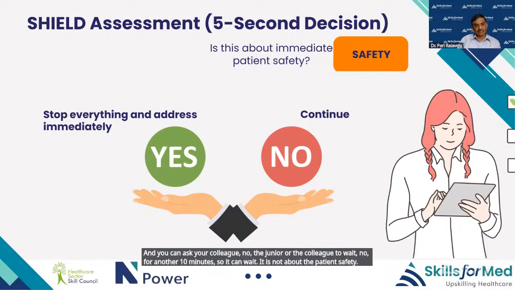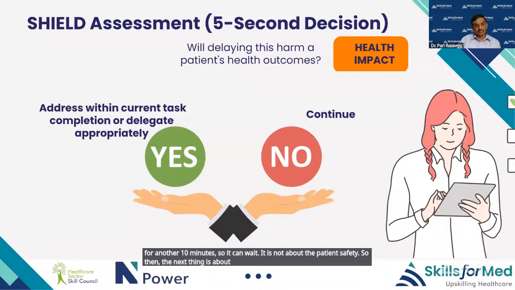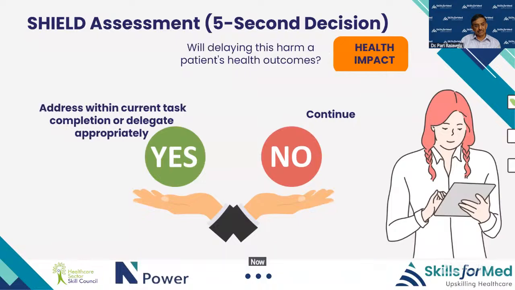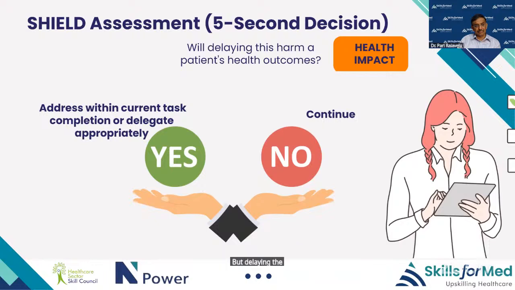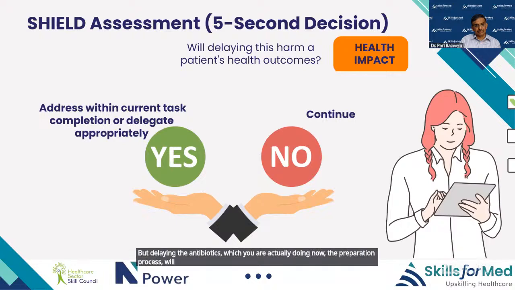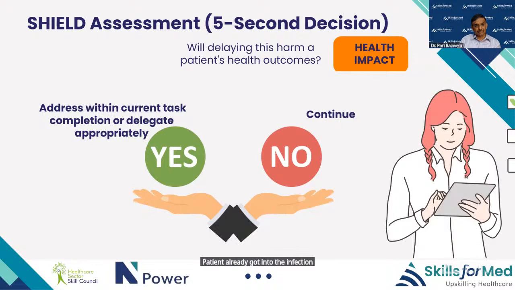Then the next thing is health impact. With the same example, will delaying the NG tube harm the patient's health outcomes? No. But delaying the antibiotics, whose preparation you are doing now, will obviously affect the health outcome, because the patient already has an infection. You are preparing the treatment for the patient.